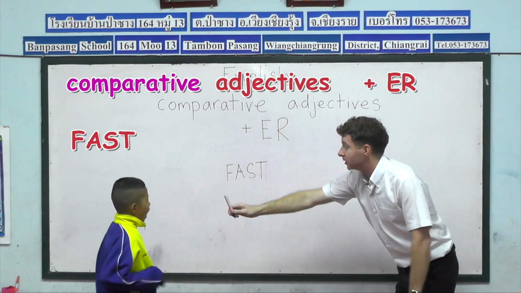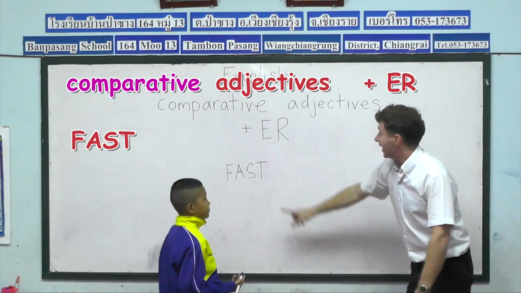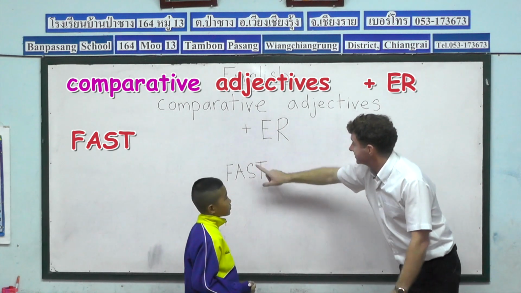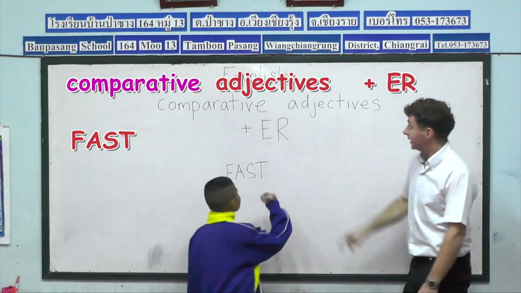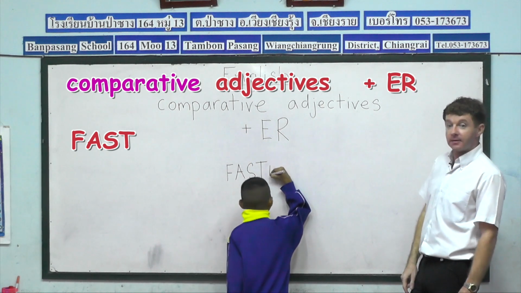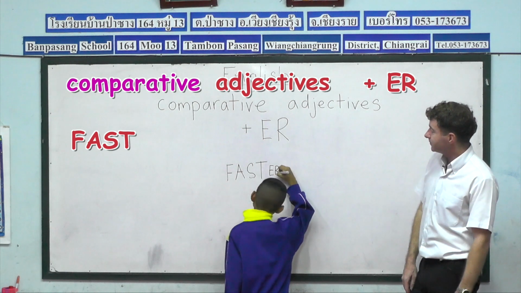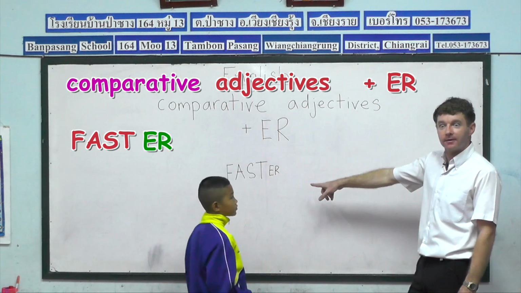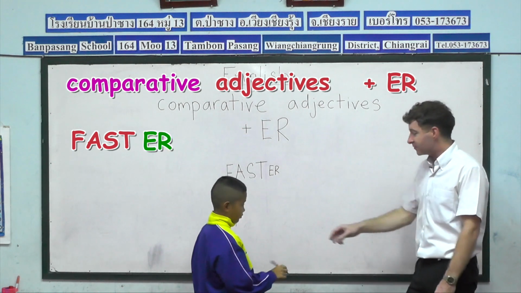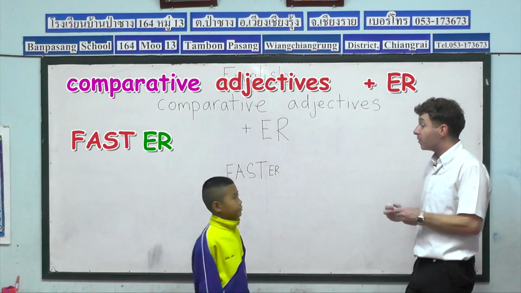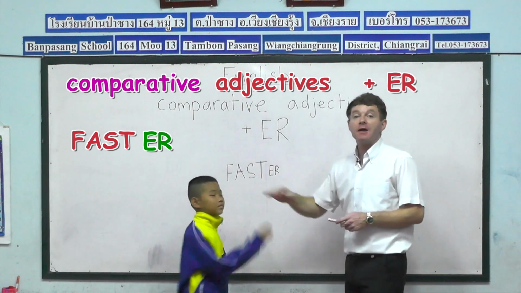So Bangpon, can you add the letters for me? F-A-S-T-E-R. And fast will become faster. So now we have the comparative adjective. Bangpon, that was excellent. High five. Big round of applause for Bangpon.